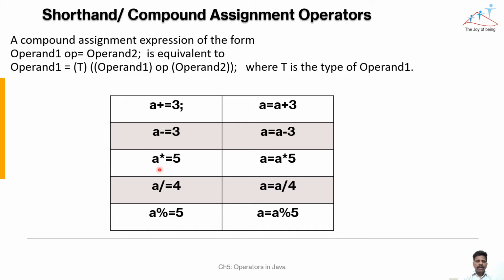Similarly, a *= 5 is nothing but a = a * 5, and so on. If you find this type of expression, it is a compound or shorthand assignment operator, equivalent to writing it this way. Whenever you are using this type of expression, you can make use of shorthand or compound assignment operators in your program.